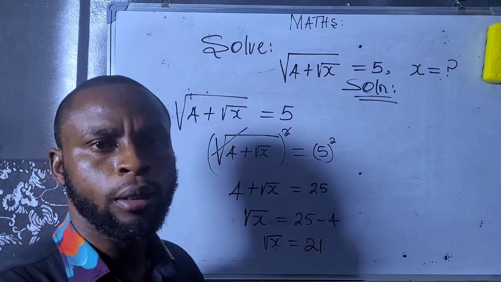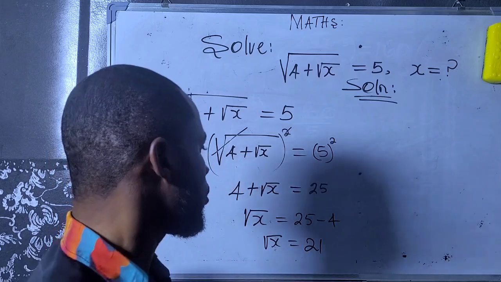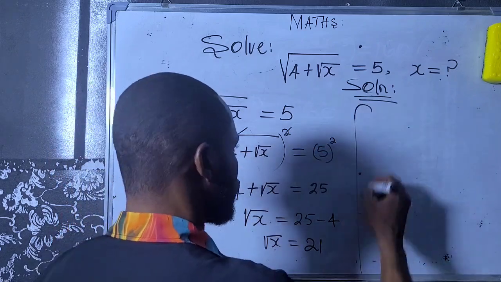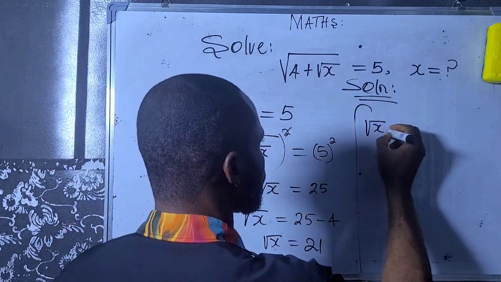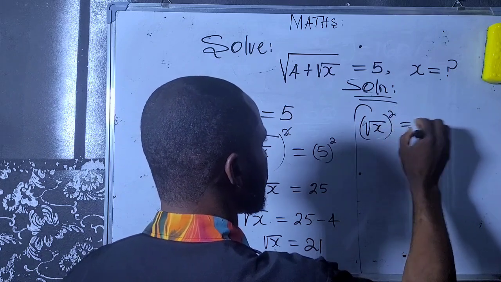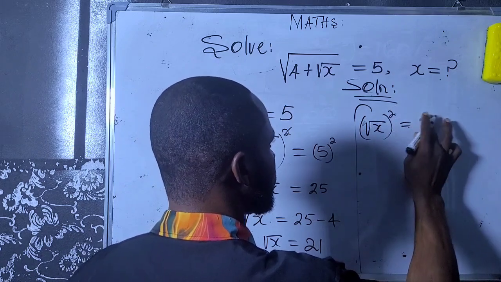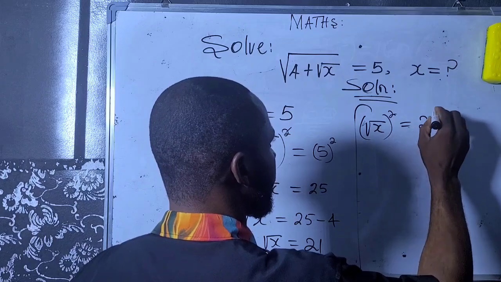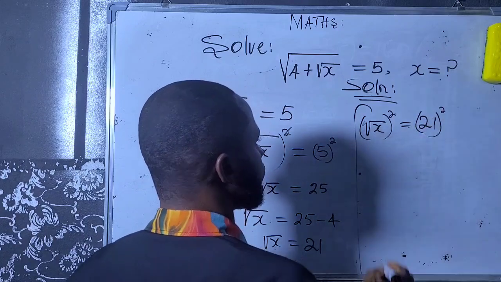sign can be removed. Then the equation becomes (square root of x) all squared equals 21 all squared.